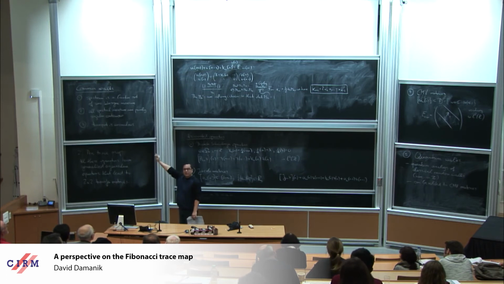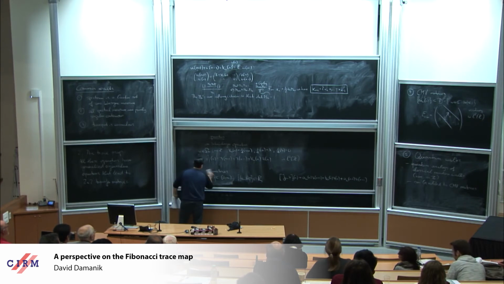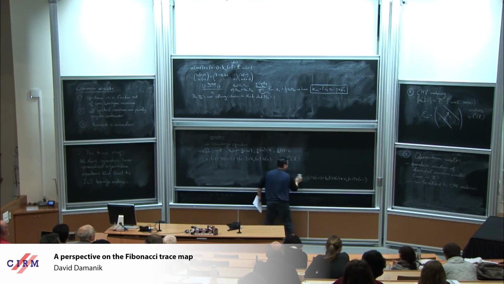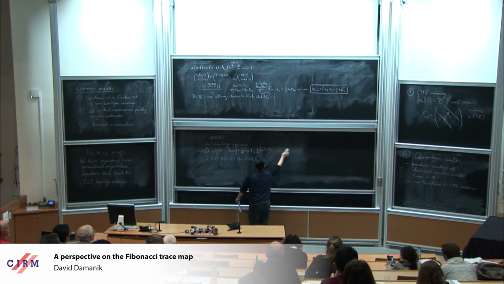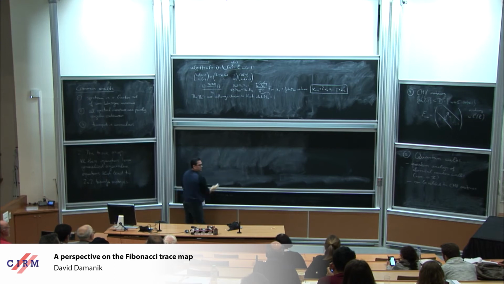So you can prove all that without actually doing what I'm about to explain. But once you want to go beyond that, then it's very beneficial to do what I'm about to explain. So it's really a shift in perspective, but that gives you something.